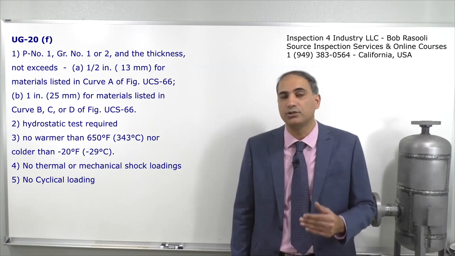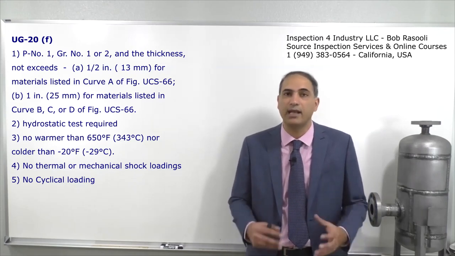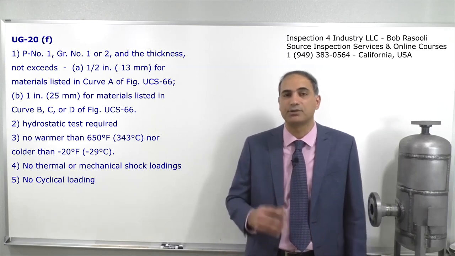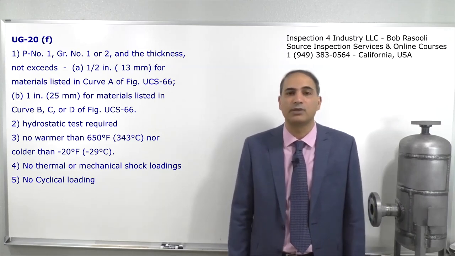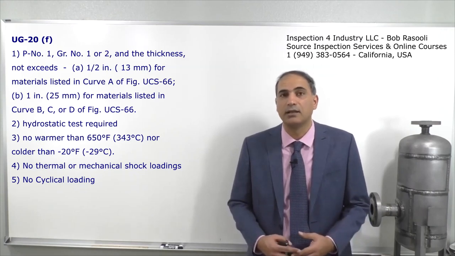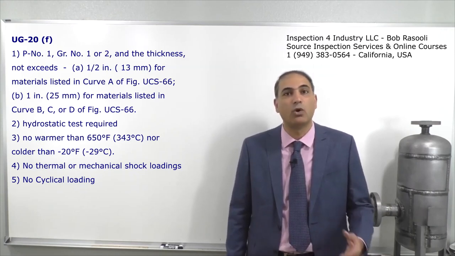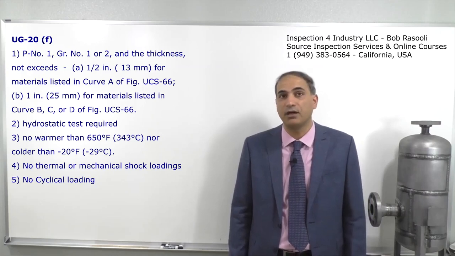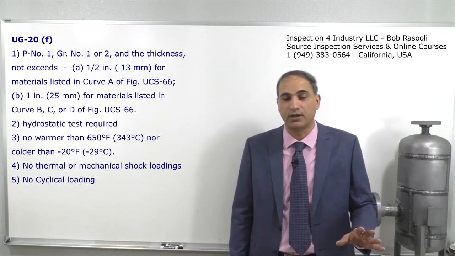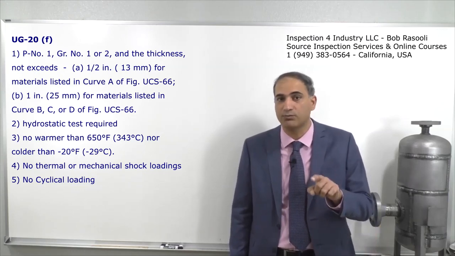If you want to use UG-20(f), you should forget about pneumatic testing. It should absolutely be hydrostatic testing. It also says the maximum design temperature shouldn't be warmer than 650 degrees Fahrenheit. As far as I remember, our design temperature was 700 degrees Fahrenheit, so we are hit with this one as well.